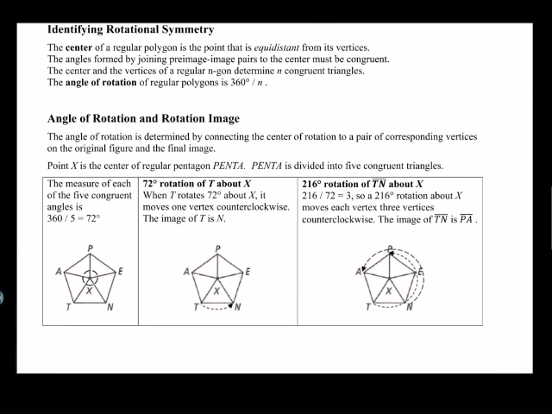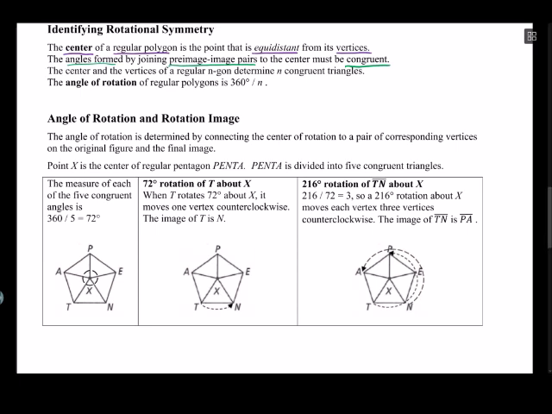Our other type of symmetry is rotational symmetry. Now there's some important ideas that go along with this. The center of a regular polygon is the point that is equidistant from its vertices. And we are going to form angles that join the center of rotation with the vertices, and your pre-image pairs must be congruent. And we'll see what that means in a minute.